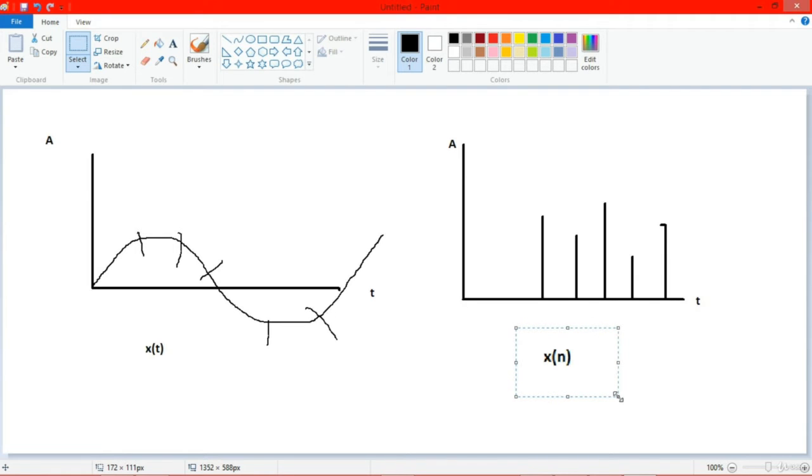For continuous time signals, we have voltage, current, temperature, and pressure as examples. And for discrete time signals, the number of accidents on a highway, the daily closing index of a stock market, or the temperature of a patient after each hour can be examples.